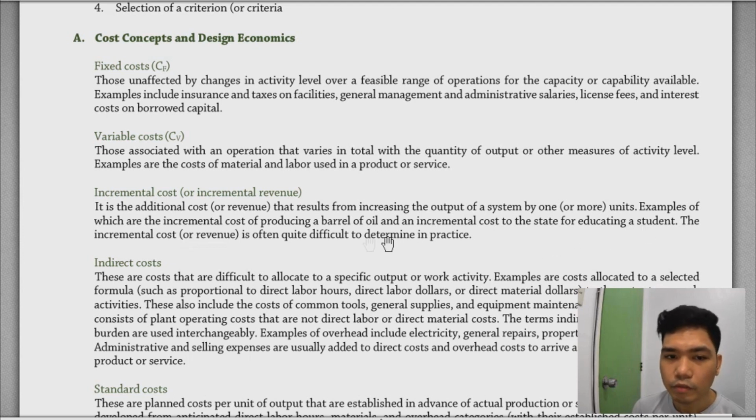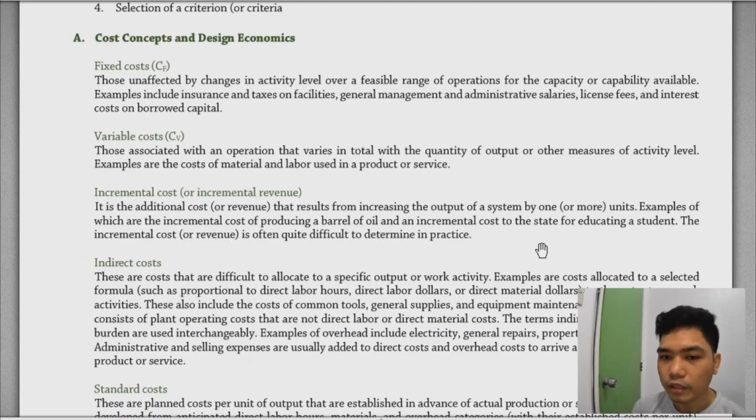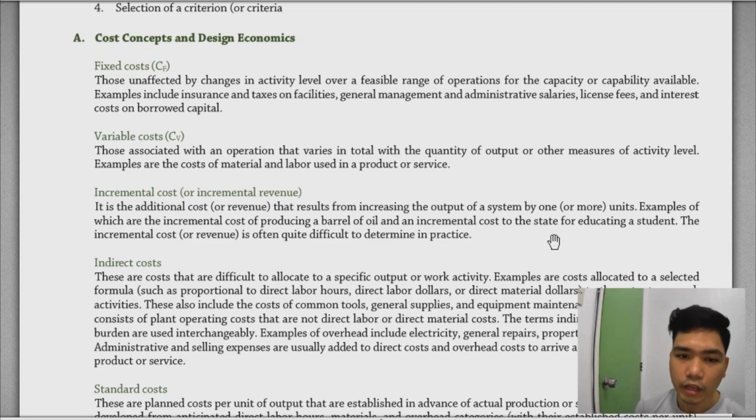So the example of this is the production of barrel oil and an incremental cost to the state of education of a student. Now, as you can see here, it's stated that this is quite difficult to determine in practice because when you say incremental cost, the changes can be reflected as an increment, or there is a certain system that can measure this incremental change.